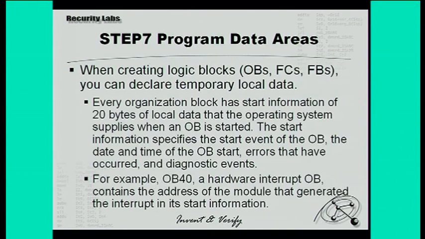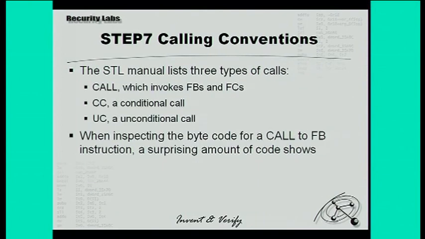And oh yeah, you have temporal data in the functions. When you create a function, for example, you can essentially create temporary data points, like stack variables in a C program, and there's all kinds of weirdness with them.